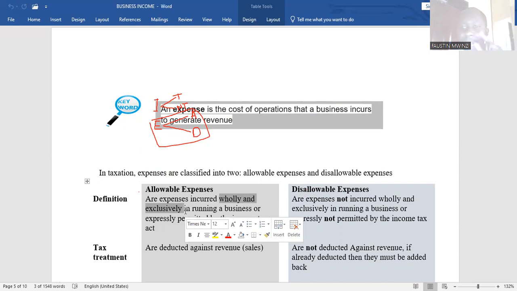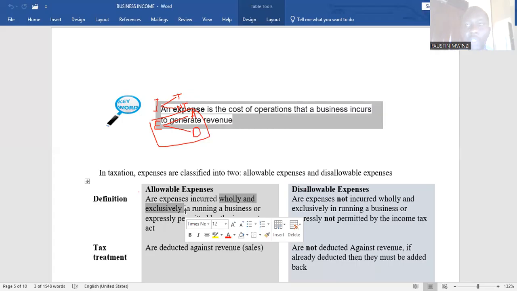This is the most important criteria. There are some nitty-gritties down there, but the most important thing is this statement: you'll be allowed to deduct that expense if it has been incurred wholly and exclusively for running the business.